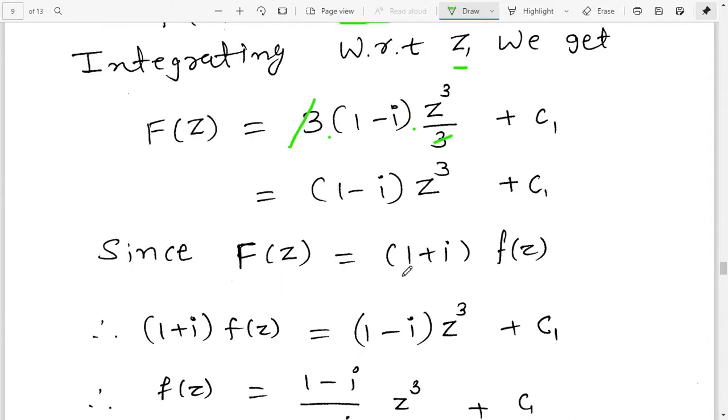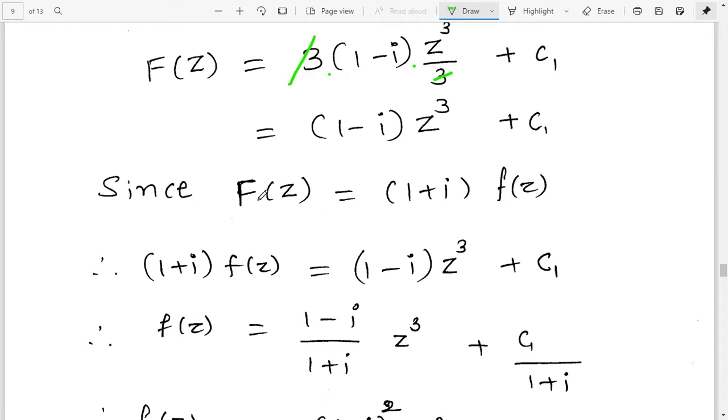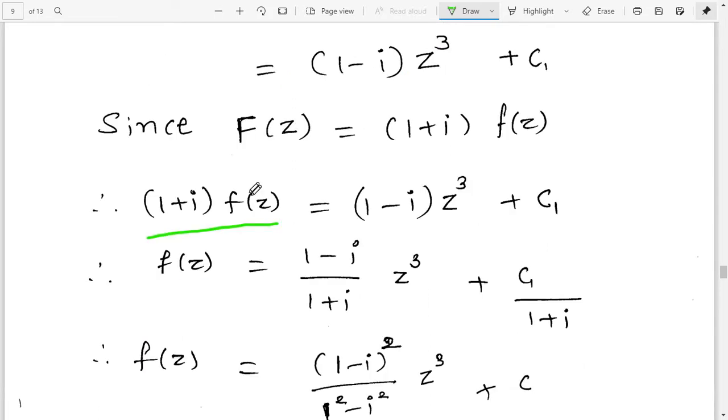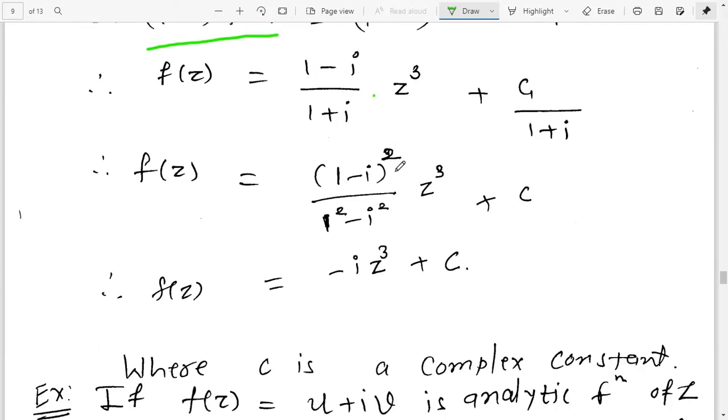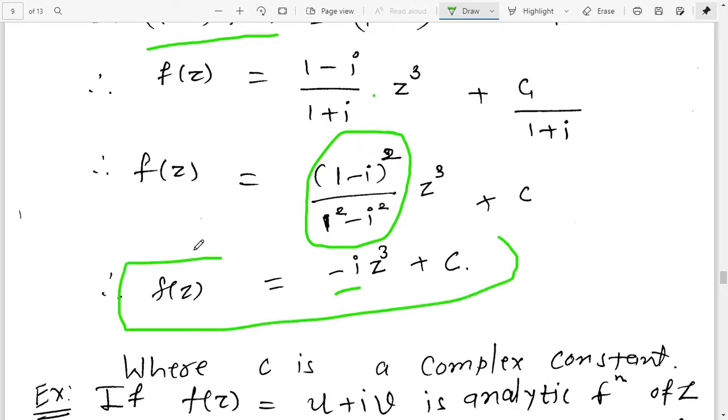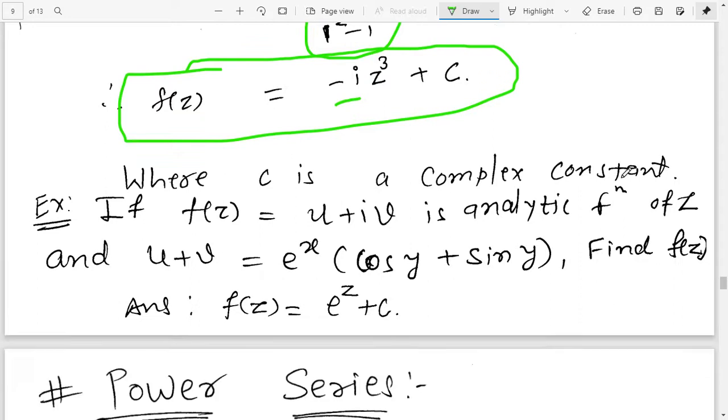Since F(z) = (1 + i) f(z), f(z) = (1 − i)/(1 + i) z³ + c1/(1 + i). Simplifying this, we get the analytic function f(z) = −i z³ + constant, where c is a complex constant.